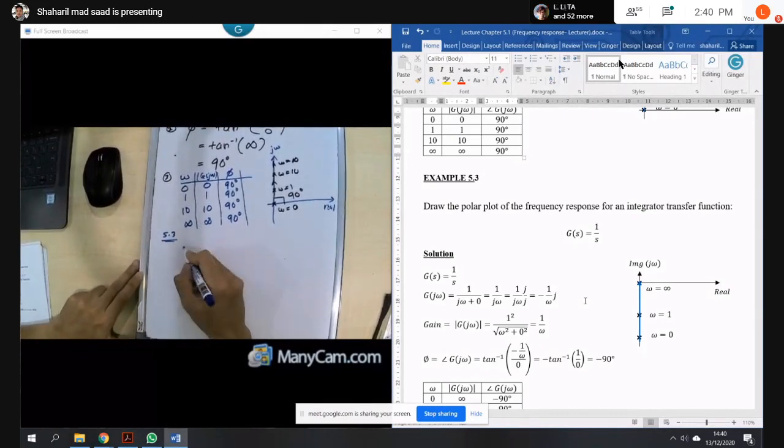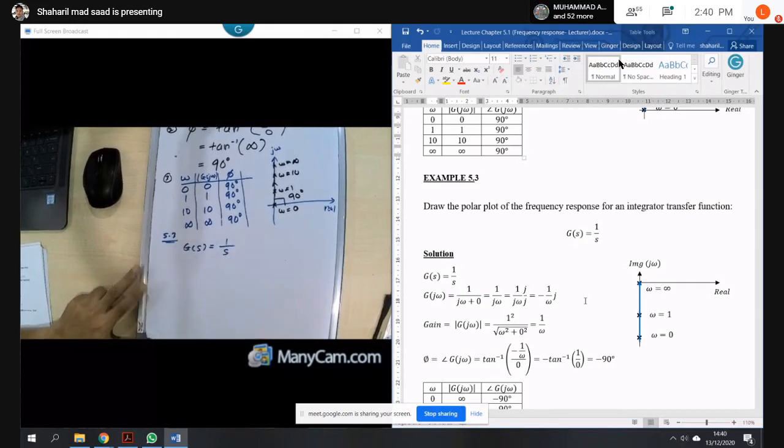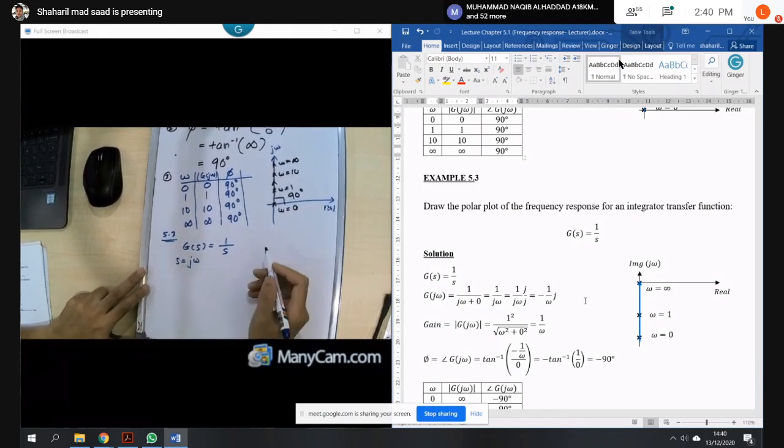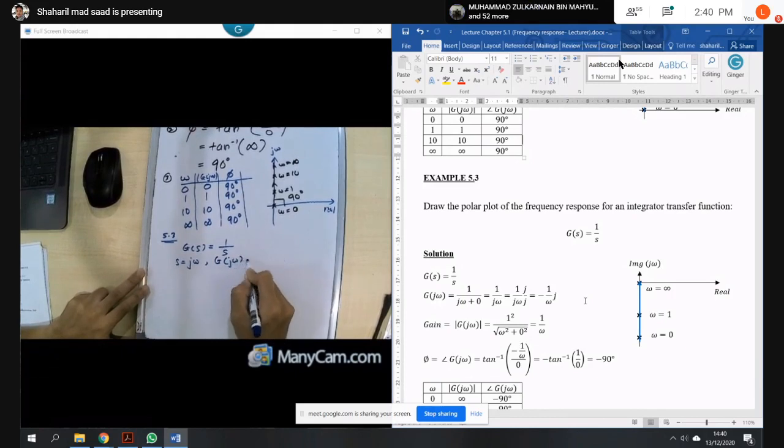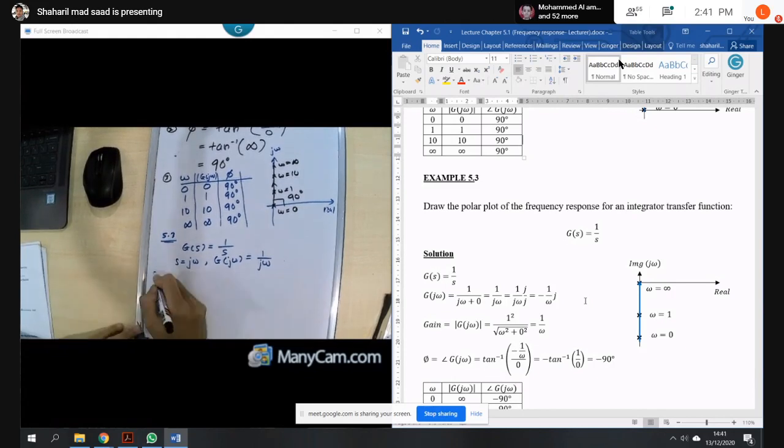Now you have G(s) equal to 1 over s. The first step is you replace s equal to j omega here, then you get 1 over j omega. Then you need to find the gain.